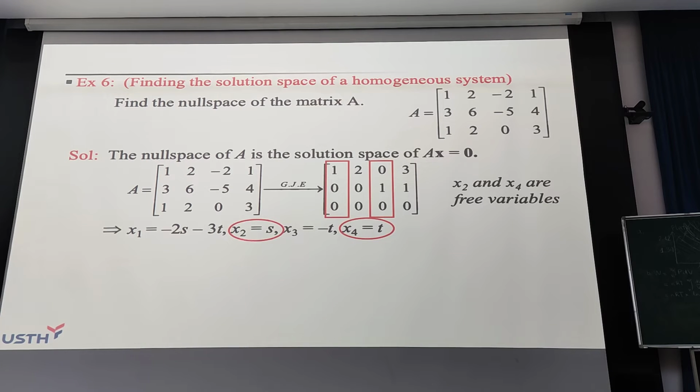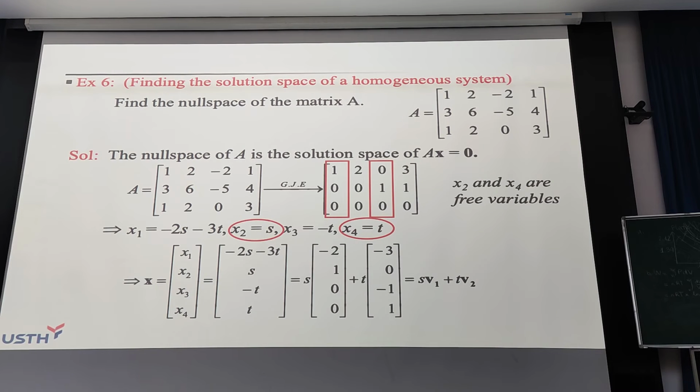But now from here we write again like that: X, now consisting of x1, x2, x3, x4. x1 equals that, x2 to be s, x3 to be minus t, and x4 is t. You need to know how to write it.